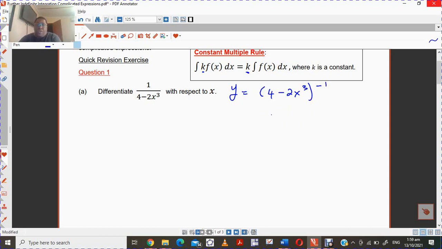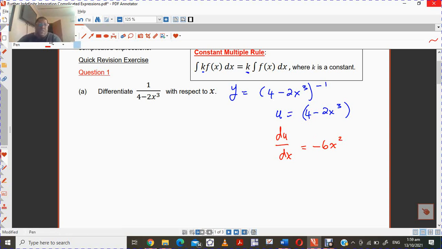Okay, so you can also then decide to say let u equal 4 minus 2x cubed. I hope you still remember that. And what I can do here is find the derivative du dx. In the way you do that, obviously the derivative of a constant is 0, so this is going to be minus 6x squared. Take away 1, remember, when you are doing your derivative.